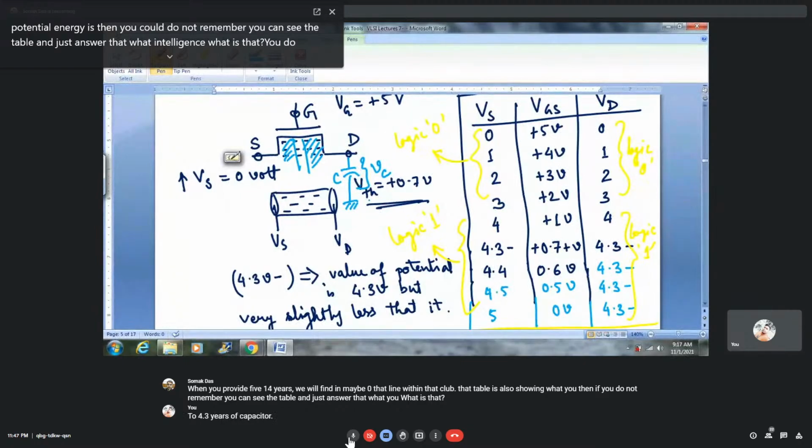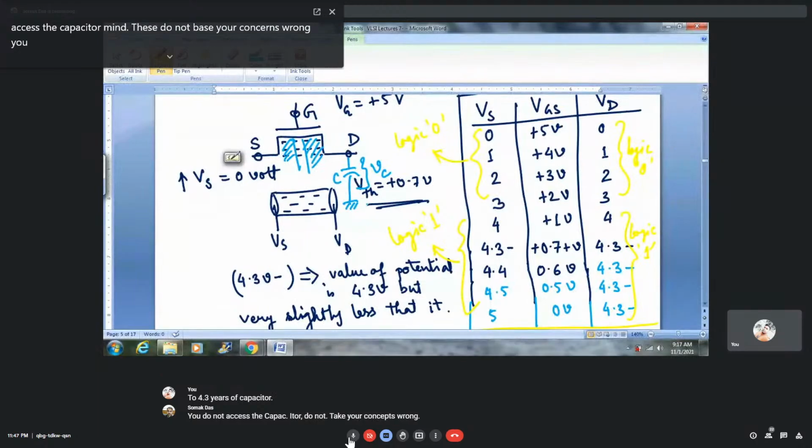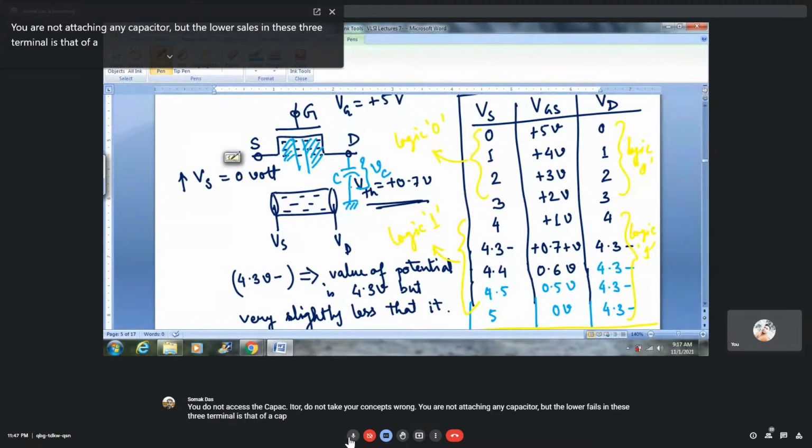You do not attach a capacitor, mind you. Do not get your concepts wrong. You are not attaching any capacitor, but the load felt at this terminal is that of a capacitive load. There will be no capacitor connected as a component.